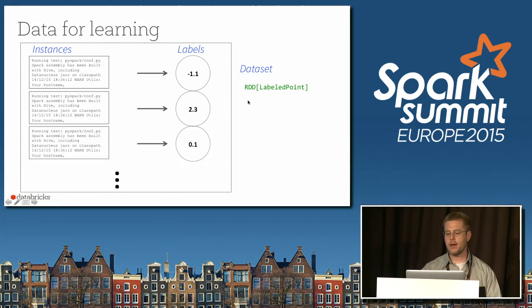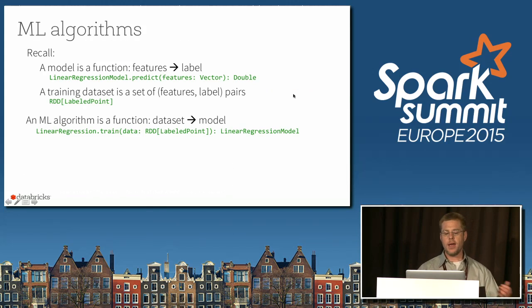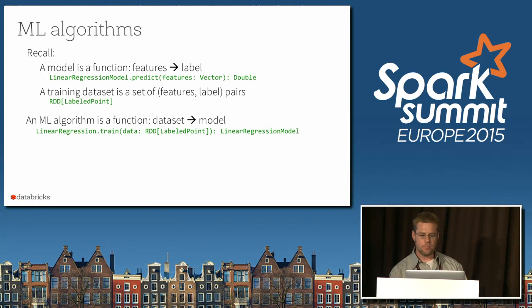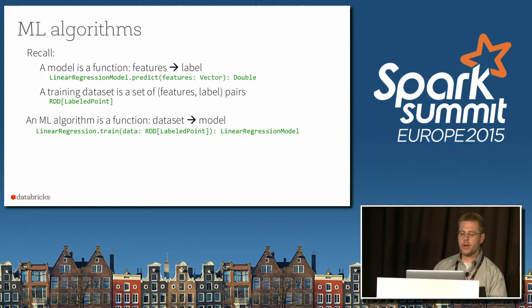So we have our data, we've got our RDD of labeled points, and then we're going to feed this in. And we're hopefully going to get a model out that best fits our data. And once we have a model, we can use that to predict the label for future data. Right? So we have our training data, that gets us a model, and then we can use the model to predict values for other vectors that come through.